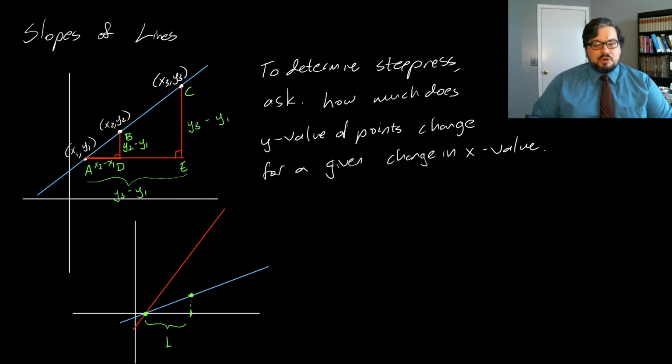So let's say I moved over by 1 unit. Well, then the blue line has a point which sits a certain distance above the original point I looked at, but the point on the red line sits higher than the point on the blue line.